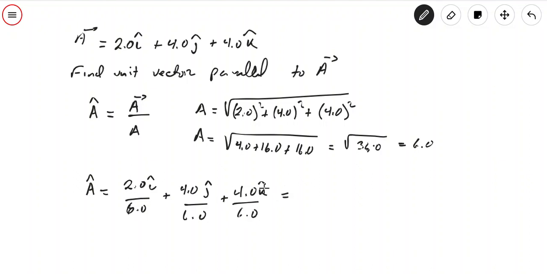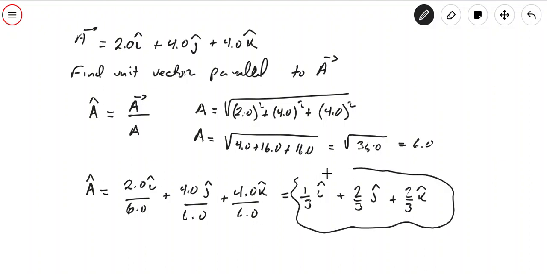So 2 over 6 would be 1/3 i, 4 over 6 would be 2/3 j, and 4 over 6 would be 2/3 k. So this vector we have over here is the unit vector that is parallel to the vector A.